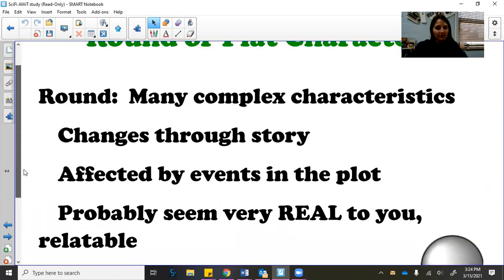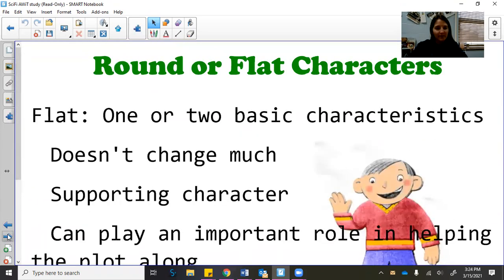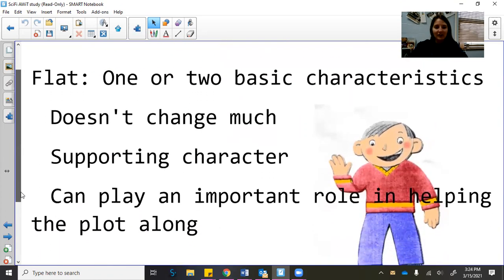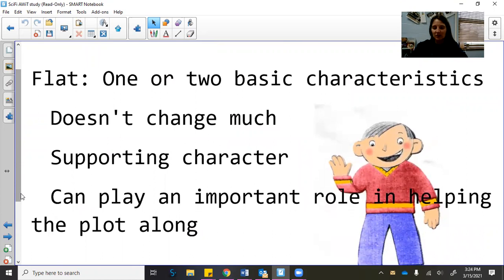Then we have flat characters. A flat character has one or two basic characteristics, so we don't really know them as well. If we're thinking about sitting next to them and talking with them, a round character would be somebody a little bit more relatable.